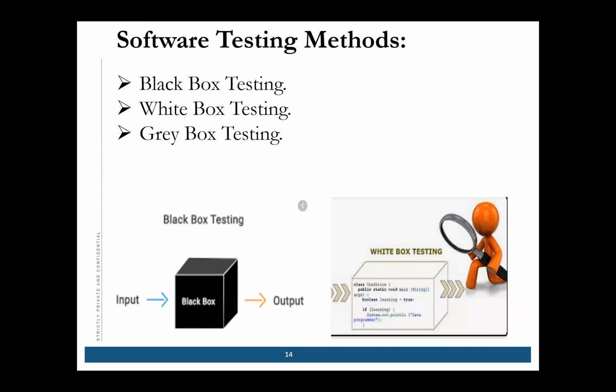Black box testing is also called functional testing, you do only the functional part. White box testing is also called glass box testing, in which everything is visible. Code is visible, and according to your code, you do the testing. This is like unit testing, which is done by the developers.